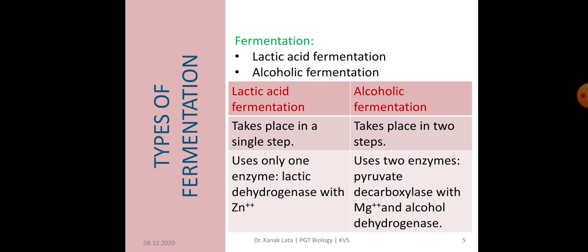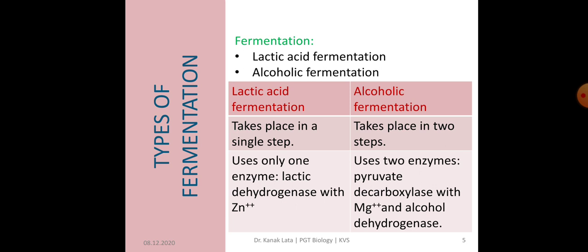Now let us see the difference between lactic acid fermentation and alcoholic fermentation. Lactic acid fermentation takes place in a single step with the utilization of NADH plus H plus and produces NAD plus. Whereas alcoholic fermentation takes place in two steps.